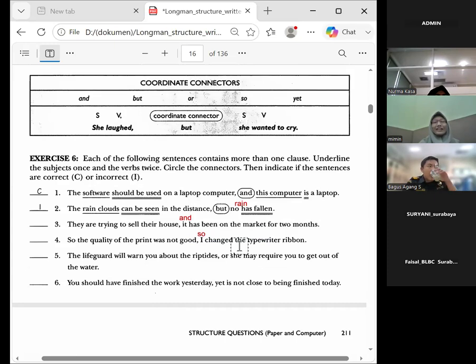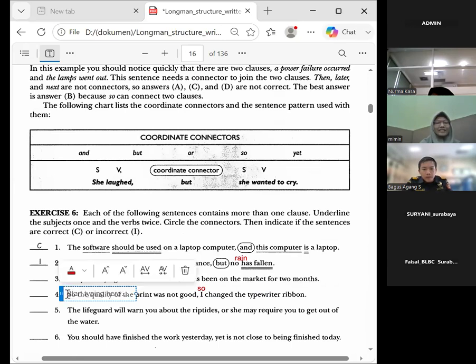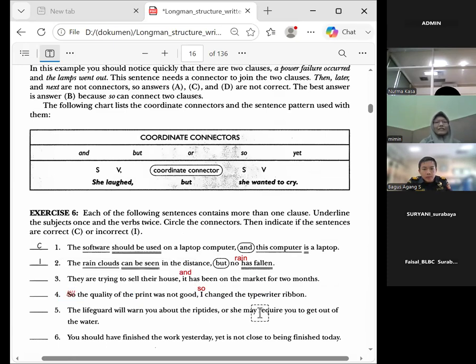So although there is already a so, we should erase this so and restructure. Well, the sentence will read: the quality of the print was not good, comma, so I changed the typewriter ribbon.